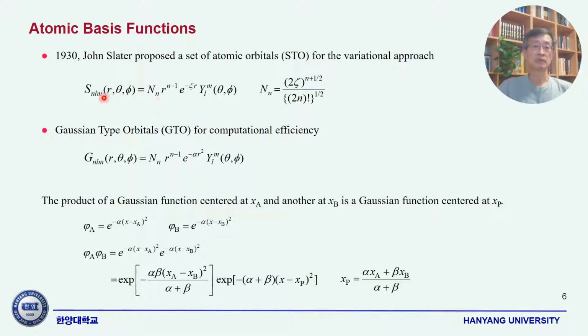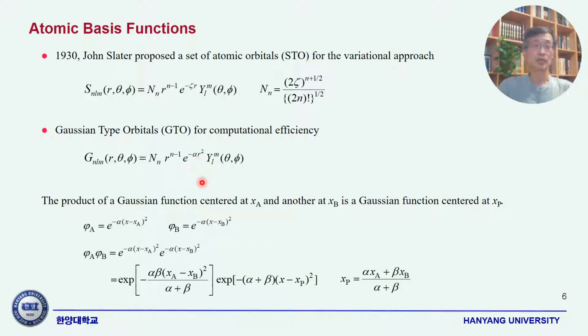What is different from the Slater orbital is that all other parts are the same except this exponential. This is e to the minus zeta r, and this is e to the minus alpha r squared, r squared versus just r.